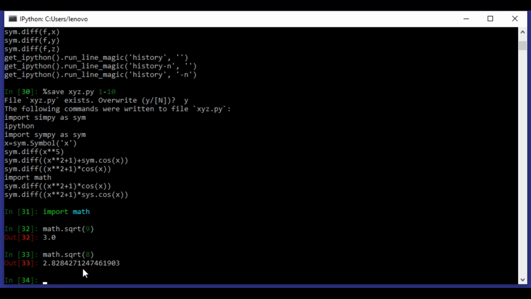Can you say it is the correct value, the exact square root of 8? The answer given is 2.8284 something 1903 etc. Can someone say it is the exact square root of 8? Take a calculator, or your mobile, and calculate the square root of 8.